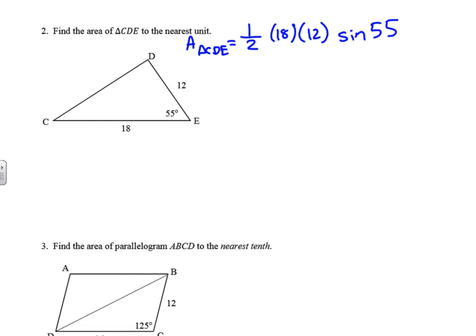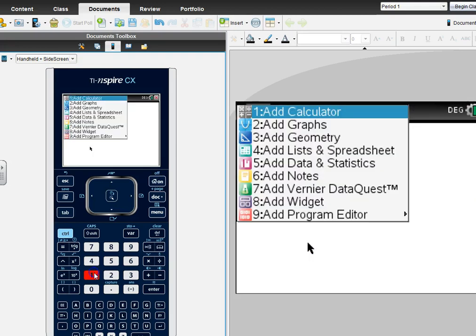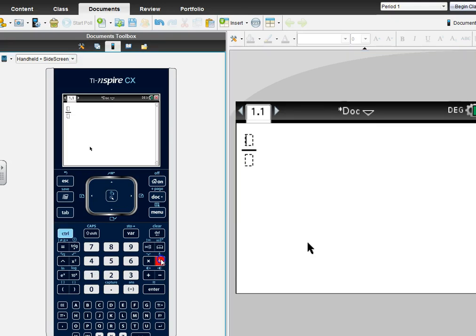Then it's a matter of entering it into our calculator: 1/2 times 12 times 18 times the sine of 55.